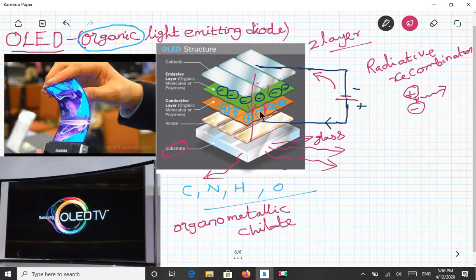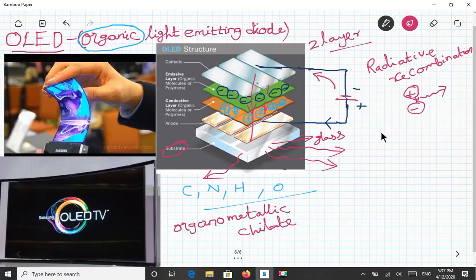That electron will be sucked by the positive, so it will be filled with holes. When the electron is sucked, there will be a creation of holes. So there will be an enormous amount of electrons in the emissive layer, and holes in the conductive layer.